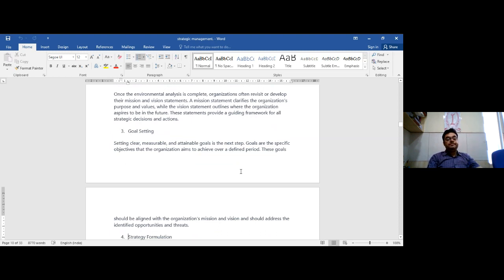Goal setting, setting goals for the future in terms of attainment of clear, measurable and attainable goals for ultimately that is directed at the future.